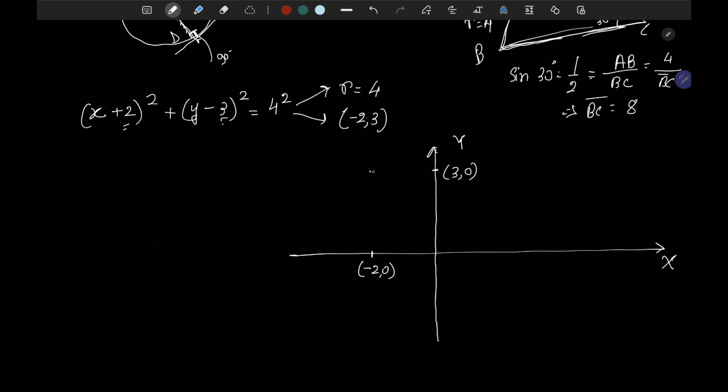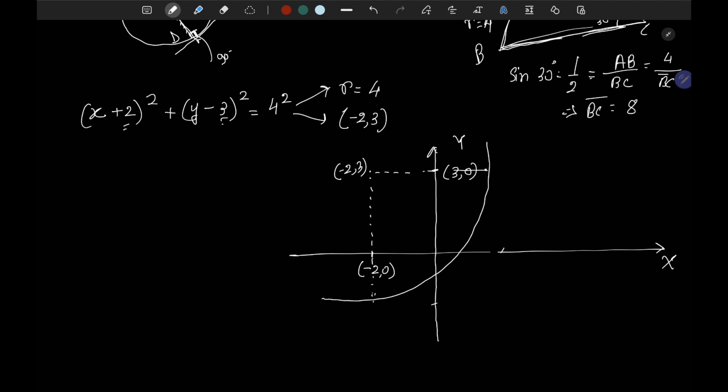So the center of the circle is at minus 2 comma 3 and the radius of the circle is given by 4. That means 4 distance from here. This is somewhere like this and this. So a portion of your circle might look something like this. Something may be like this.